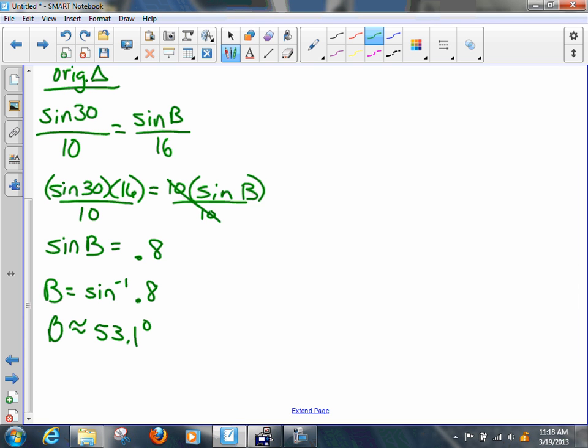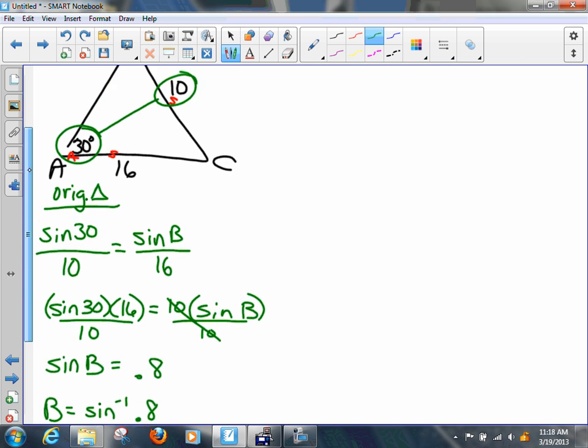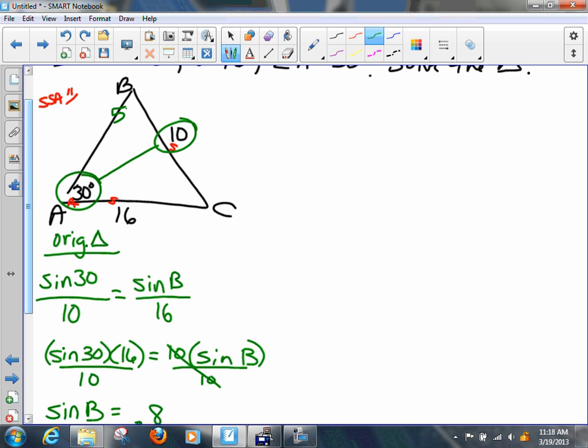All right, now, I want you to go and put it in the original triangle, 53.1, which is angle B. 53.1 degrees. Because this is a side-side-angle, I have to test the supplement, okay? So, test the supplement. Here we go. The supplement of what?